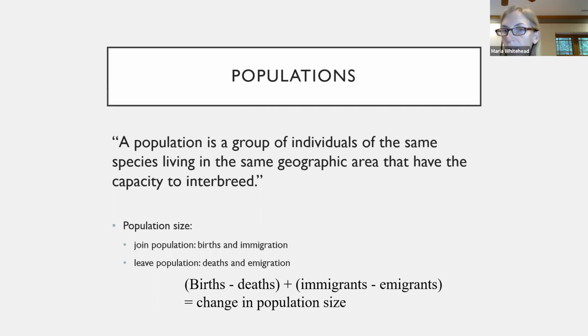We know populations grow with birth and immigration, and populations decrease with death and emigration. So we'll talk a little bit more about the types of factors that affect populations and those that are density dependent and density independent.